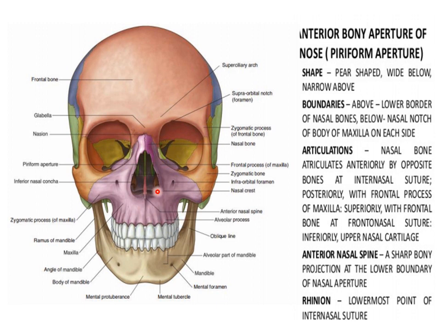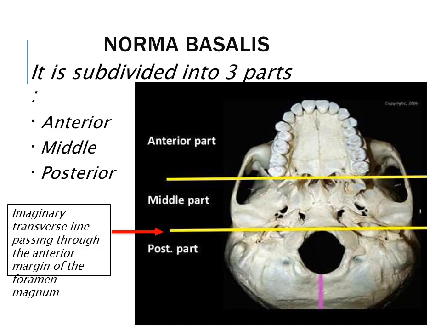Now let us discuss the norma basalis, also known as the inferior view of the skull. For descriptive purposes, we divide the norma basalis into three parts by two imaginary lines.